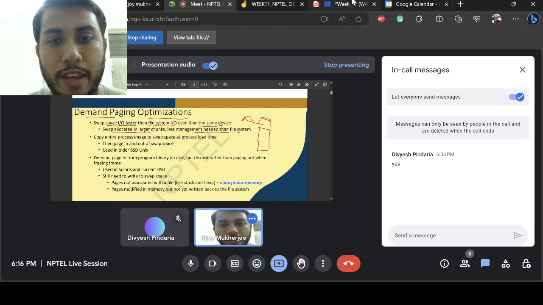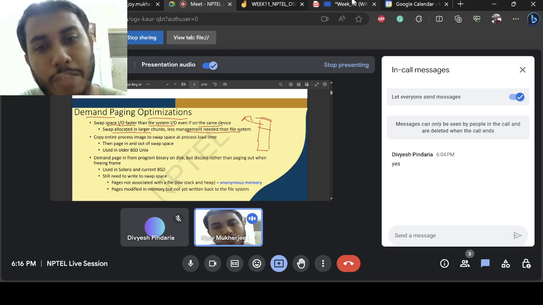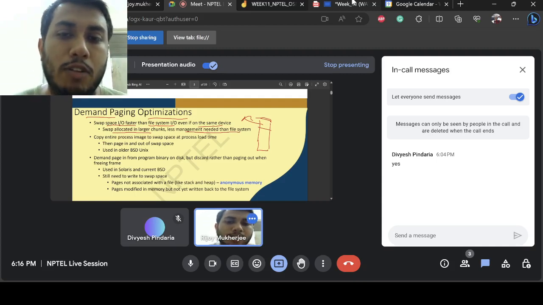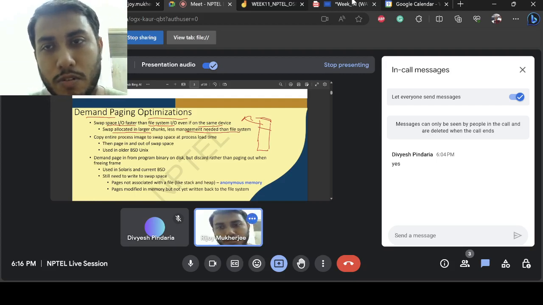After the logic check statement, it will always increment the counter, right? So the next fetch will always be that. That is the reason the next page will always be needed, so it is better to keep it in the TLB. A similar concept is here: swap is allocated in large chunks, with less management than the file system.